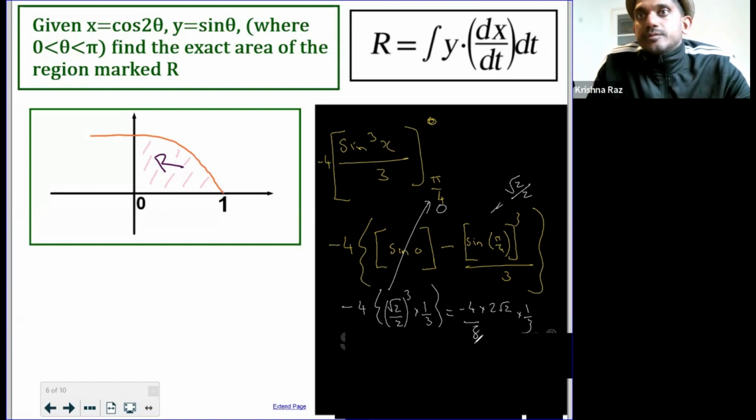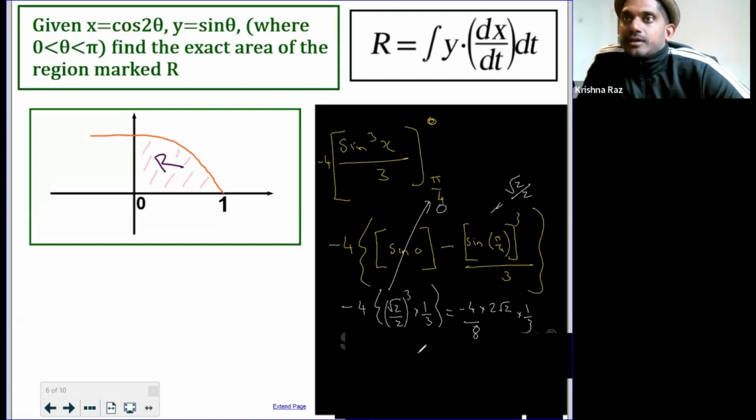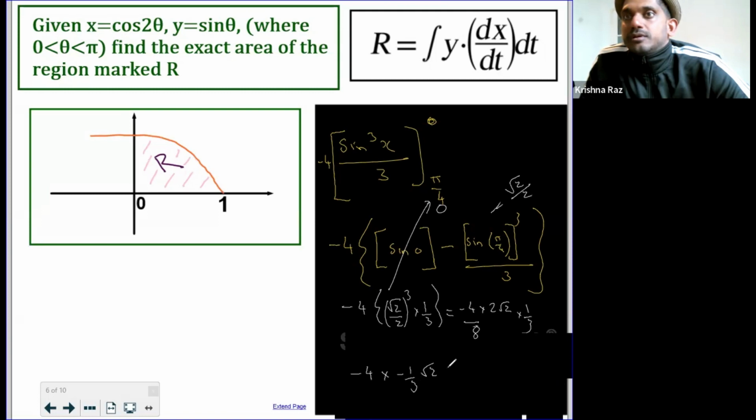So that was an 8. Minus half times 2 is minus 1. So we end up with minus 4 times minus a third root 2, which is 4 root 2 over 3.